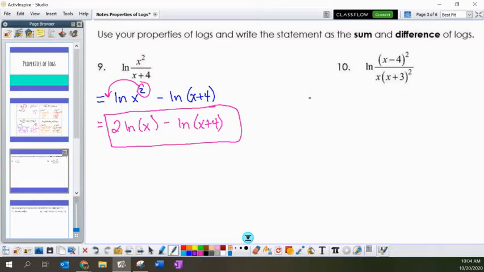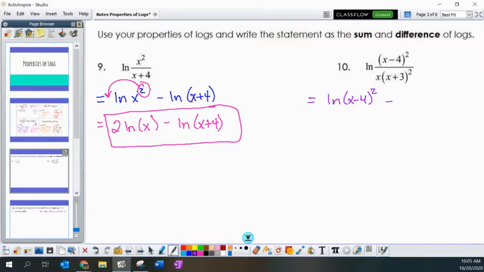Again, this is the log of a quotient, so I know that's going to be the difference of logs. So this is going to be the natural log of x minus 4 squared. It's a positive term because it came from the numerator. Now in the denominator, I have two different terms here multiplied together. You can have a whole string of terms and you can split it into sums or differences.